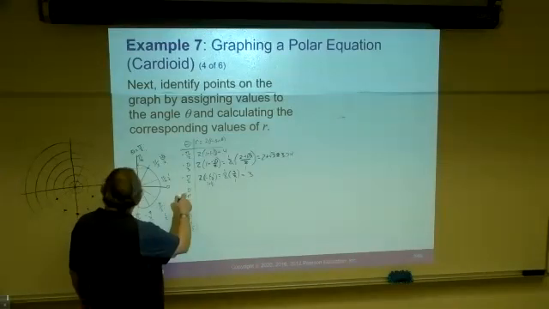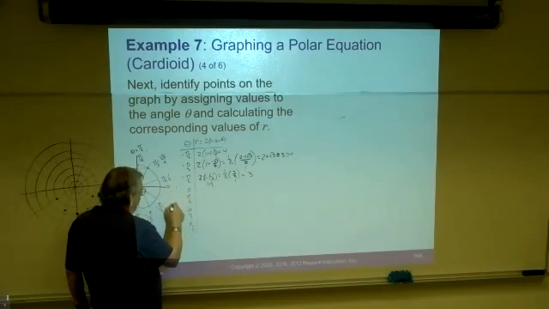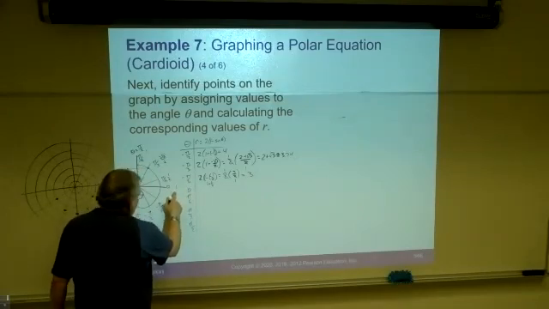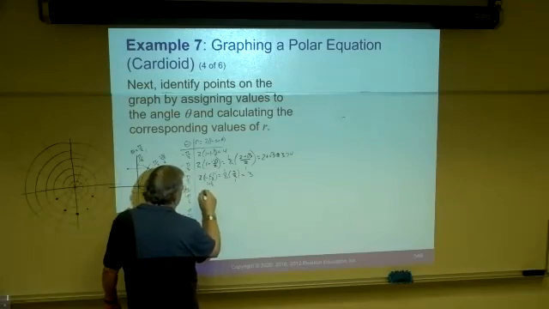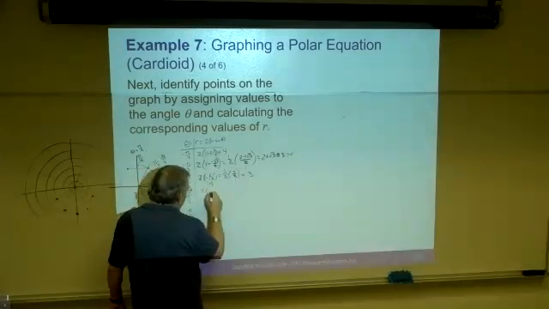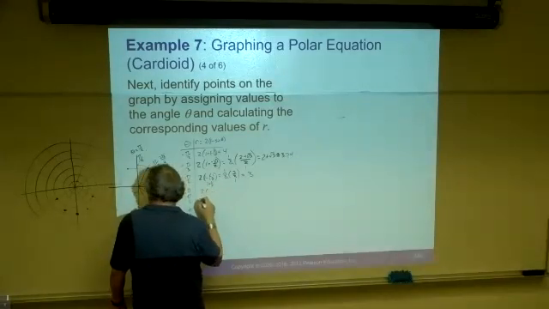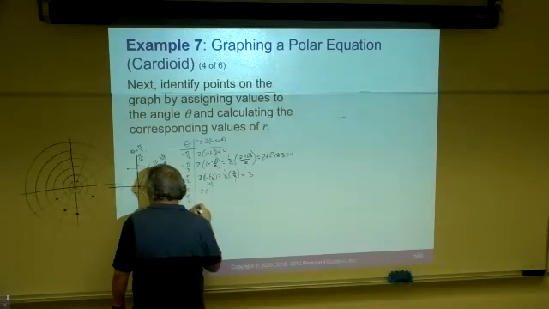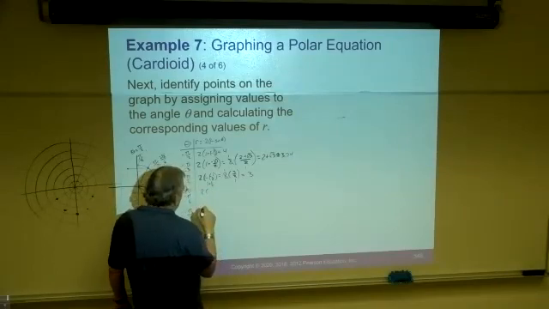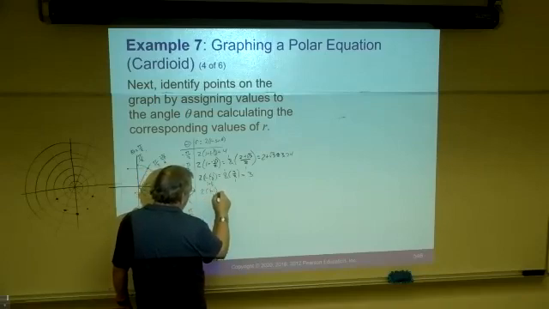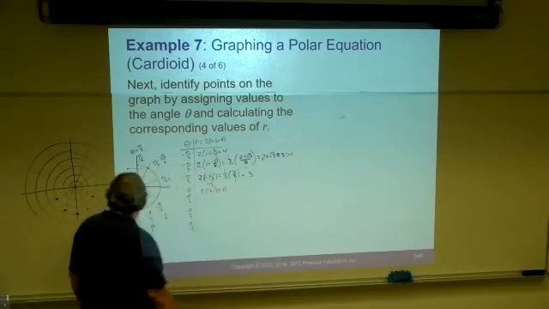And then at 0, the sine value is 1. I didn't put that here. So the sine value is 1. So we get 2 times 1 minus 1, which is 0.